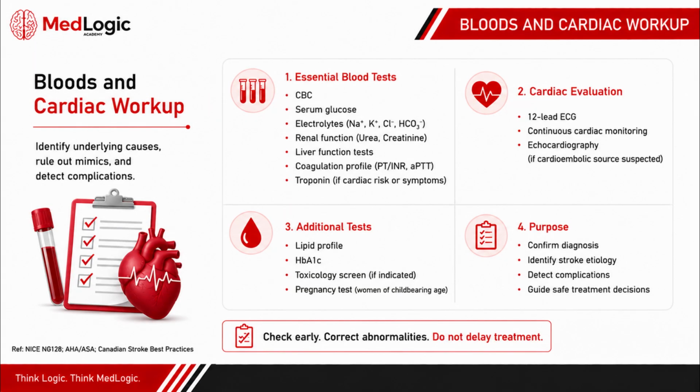Along with imaging, send basic blood investigations. These include random blood glucose, complete blood count, electrolytes, renal function, coagulation profile, and other tests according to the clinical situation. Do an ECG as well, because atrial fibrillation is an important cause of embolic stroke. Cardiac monitoring is also important in many patients.